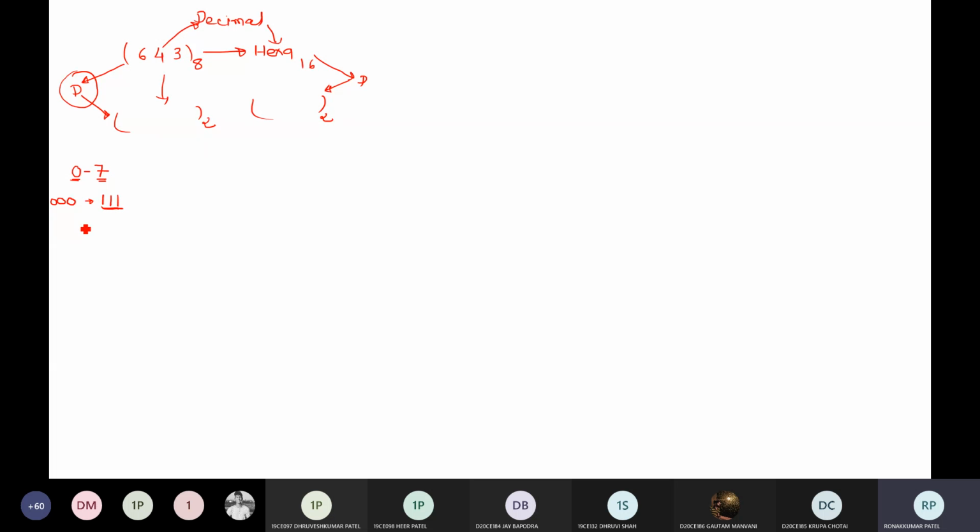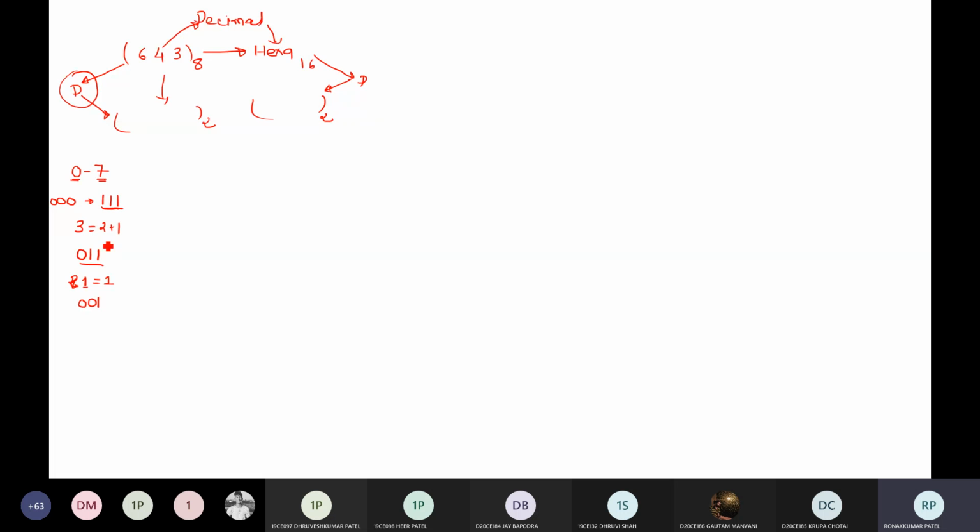How? If you convert this 3 into binary, then that will be 2 plus 1, right? So 2 and 1. But what I said, you need to represent it in 3 bits. So put 0. So now it's 3 bits. Again, suppose you have 1, then that is 1, right? In this case, this will be the binary representation, but this is octal, so you need to give 0 0.